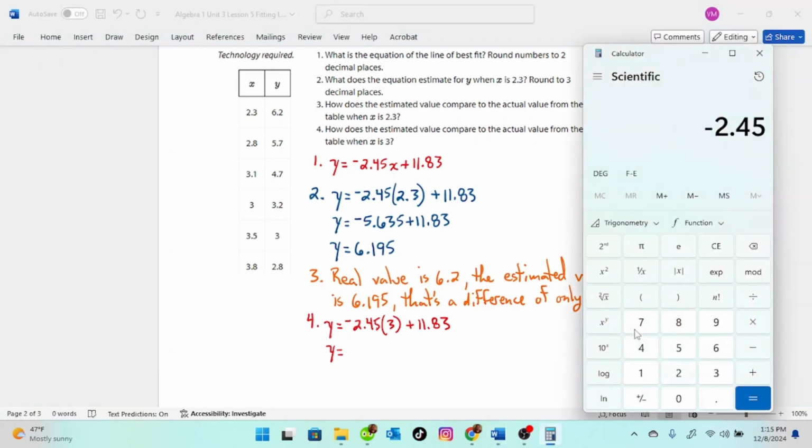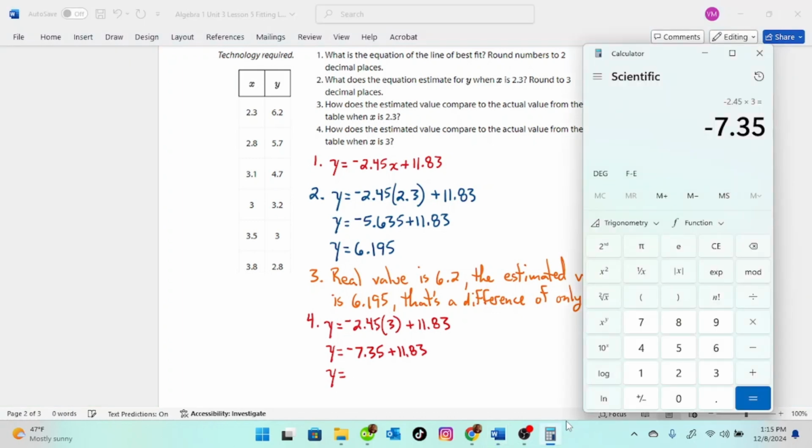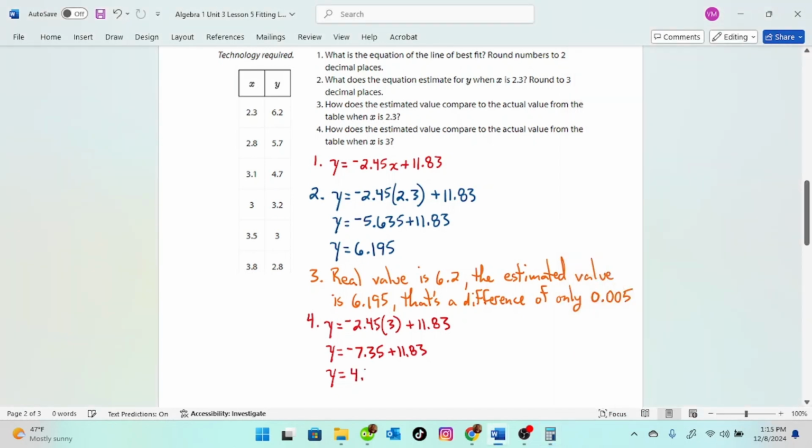Negative 2.45 times 3 equals negative 7.35. And when we add that to 11.83, we get 4.48.